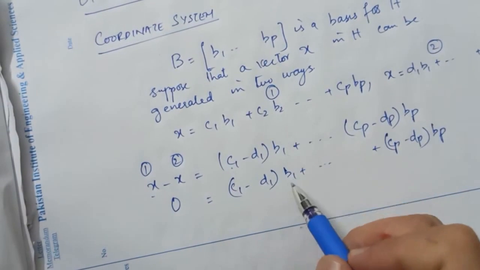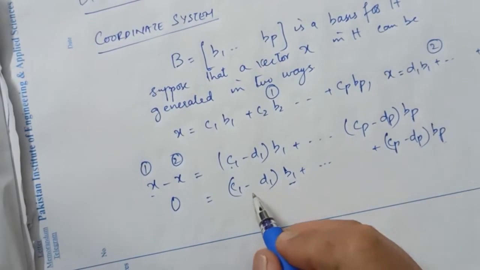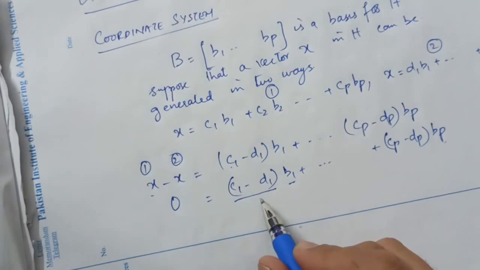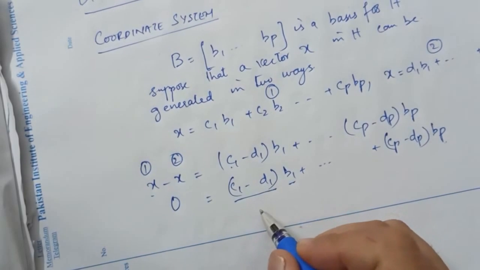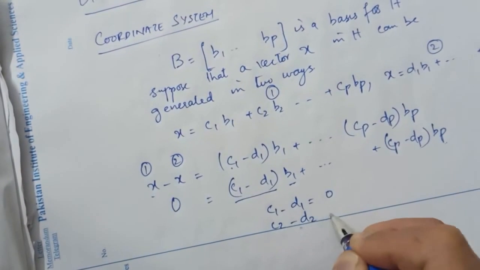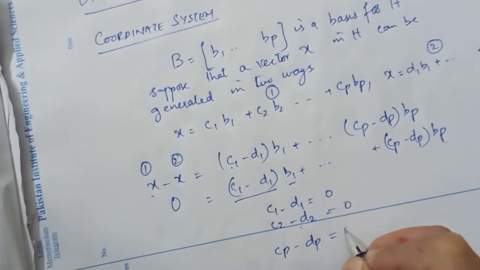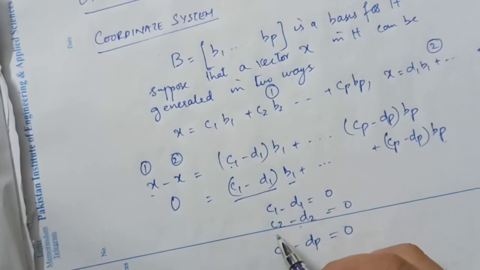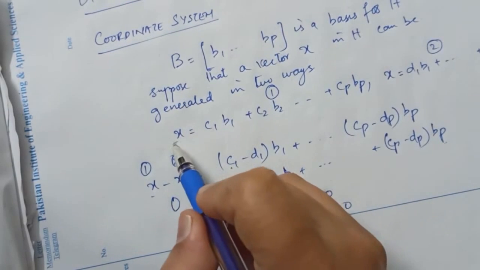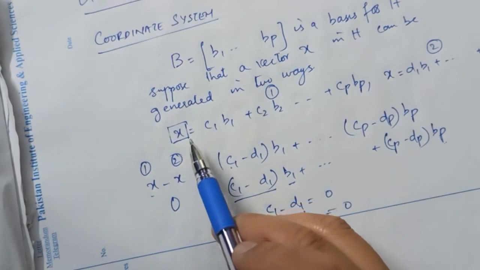So remember this, since B1 to BP are a linearly independent set of vectors, if you remember from our discussion of linearly independent vectors, they only have the trivial solution. So C1 minus D1 is equal to 0, C2 minus D2 is equal to 0, and similarly CP minus DP is equal to 0. It means C1 and D1 are the same, C2 and D2 are the same, CP and DP are the same. So any vector X in the subspace can only be written in one way.